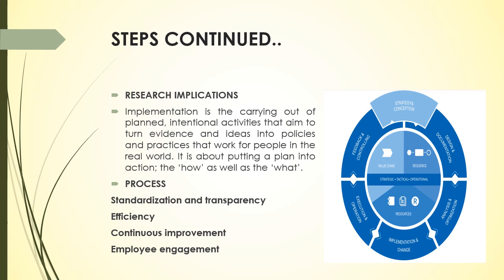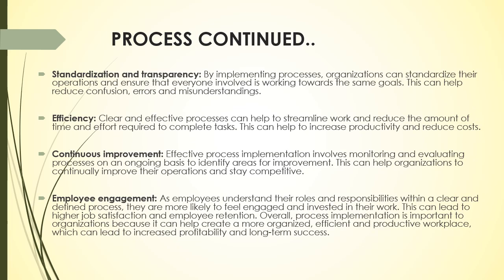Process of marketing research: standardization and transparency, efficiency, continuous improvement, employee engagement. Next, standardization and transparency is where you implement processes and set up standards in operations that ensure everyone is working towards the same goal.